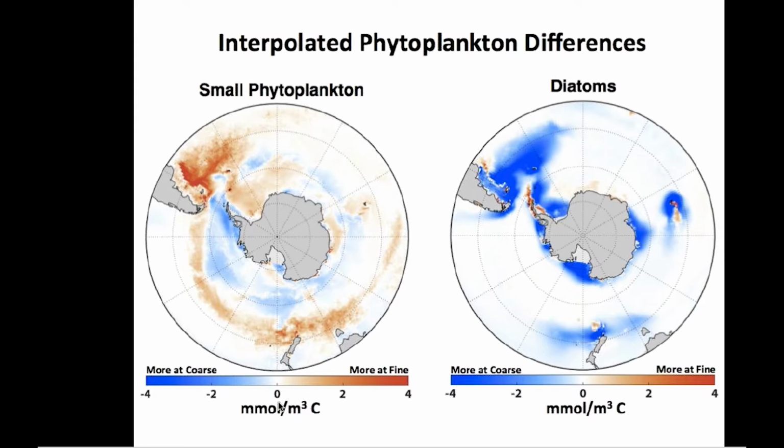So these are our figures of average small phytoplankton and diatom difference across resolution. And here you can really see that small phytoplankton, a large amount of red being shown, so they're being more so simulated in the fine resolution, and a lot of blue, so more diatoms being simulated at the coarse resolution.